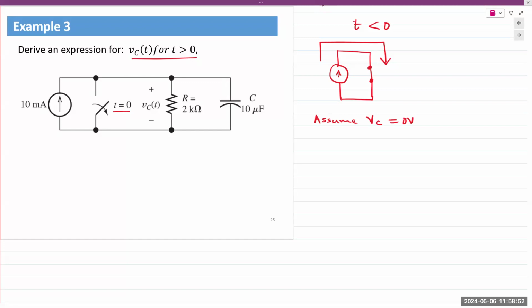It doesn't say it's a long time, doesn't state anything. So we simply state the capacitor has not been connected to the source. We assume it's not connected for a long time, and therefore V initial, or V0, is 0 volts. That's it.